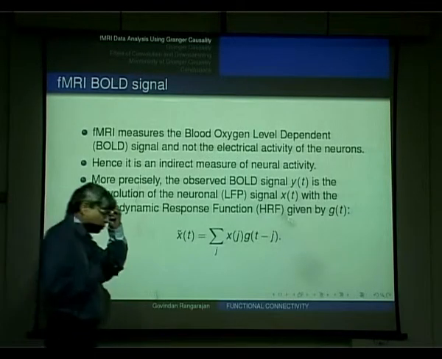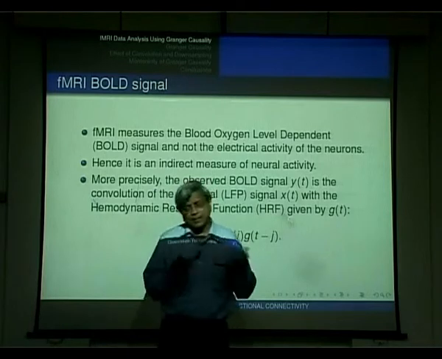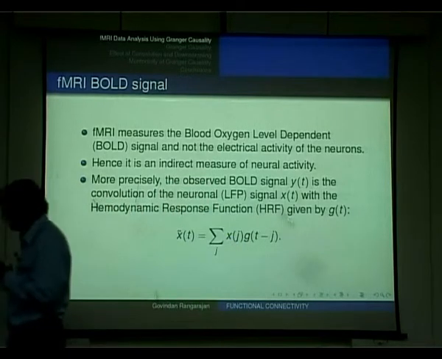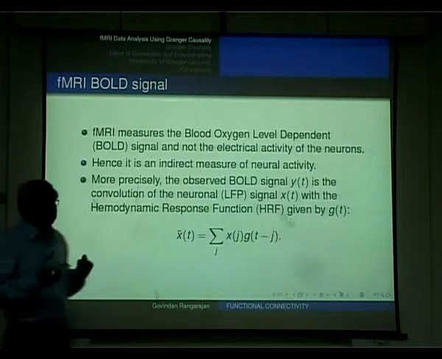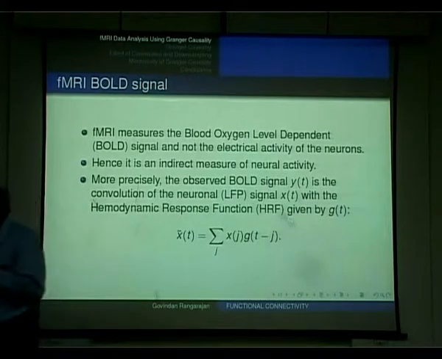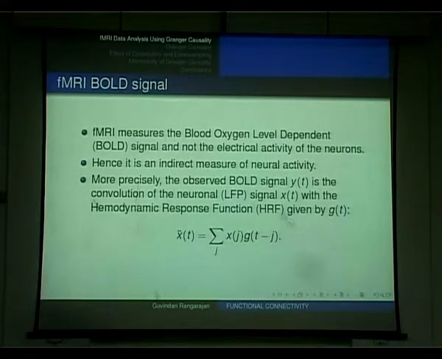The reason it's more complicated to apply Granger causality to fMRI data is because the fMRI measures the blood oxygen level dependent signal, and it's not directly measuring the electrical activity of the neurons. So you have this BOLD signal, which is an indirect measure of the neural activity.